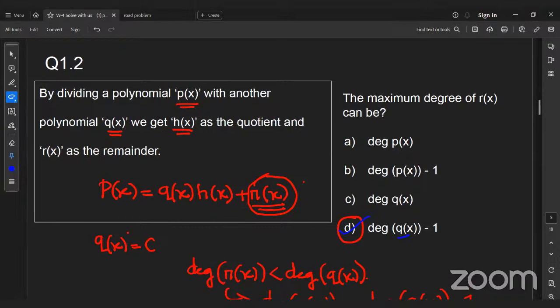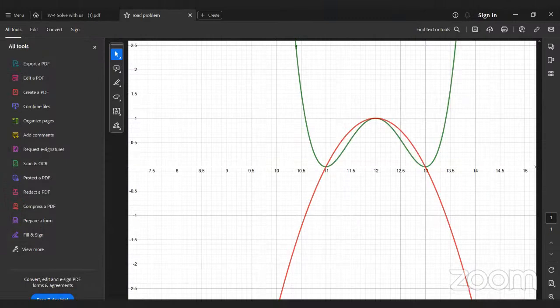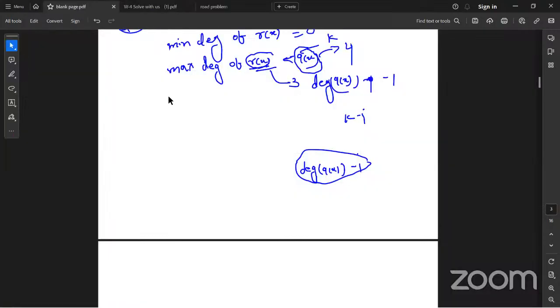Are you able to see this slide? Yes, sir. Just a minute. We are seeing the white page solution, and the graph. No, I am not asking about the graph. Okay, now fine.